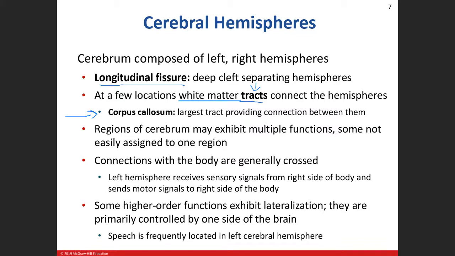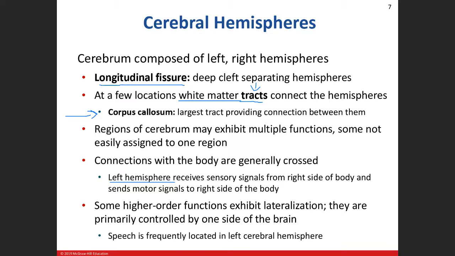Keep in mind that most of the functions in our body are crossed. Meaning, for example, the right side of my cerebrum is going to control the motor function in the left side of my body, and vice versa. That's what this statement says here: connections with the body are generally crossed. The example here is that the left hemisphere is going to receive sensory input from the right side of your body.